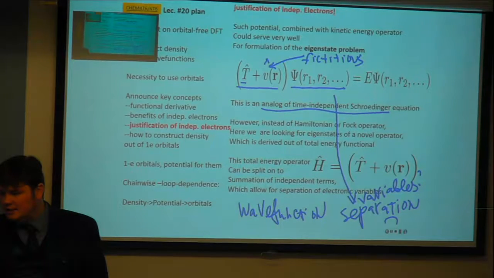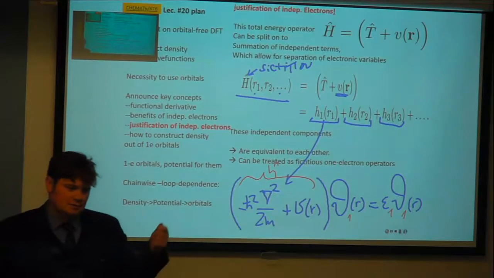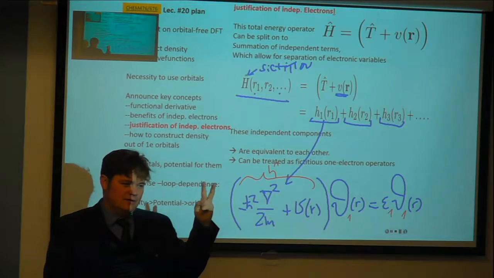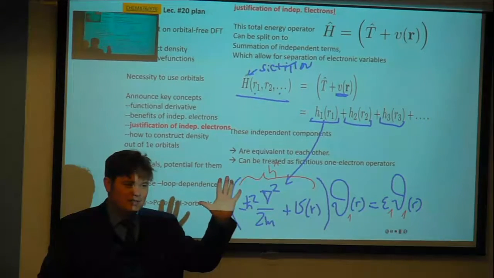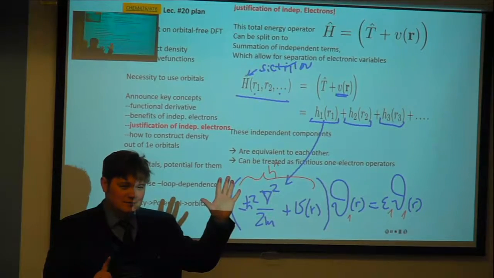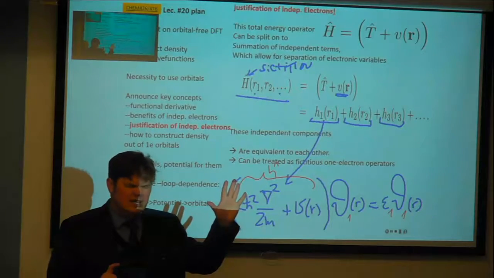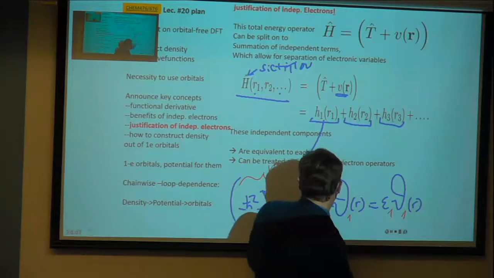Okay. And then, since electrons do not interact, we practice separation of variables. So instead of one equation and one wave function with many variables, we get many equations with one independent variable each.